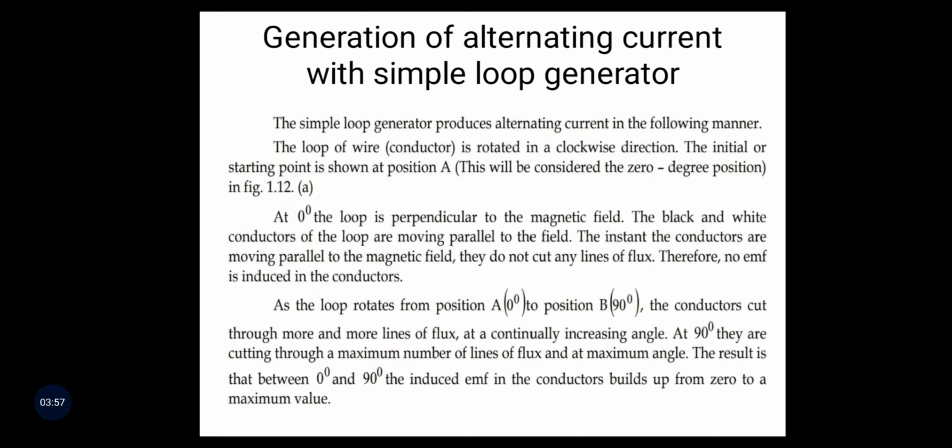At 0 degrees, the loop is perpendicular to the magnetic field. The black and white conductors of the loop are moving parallel to the field.